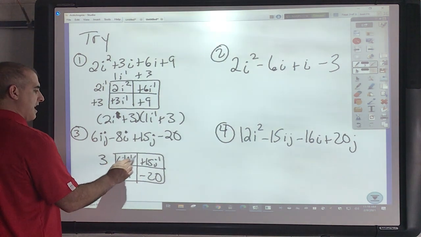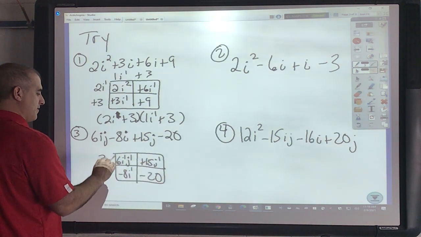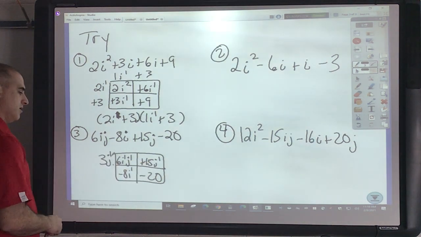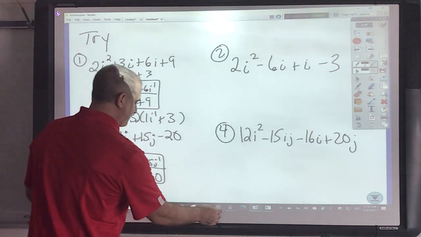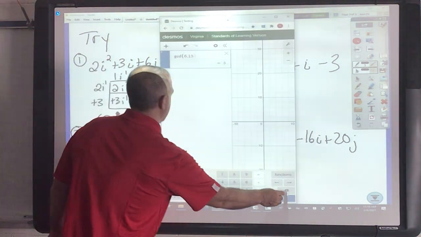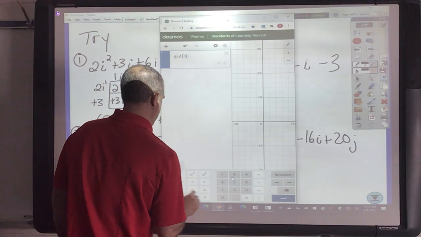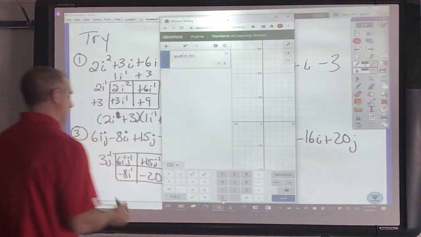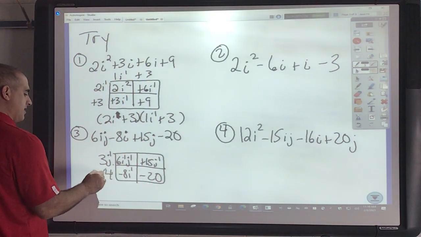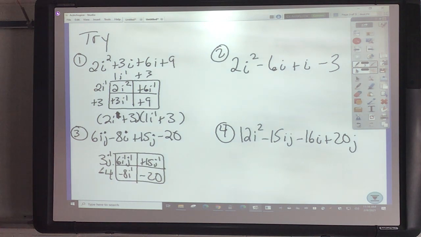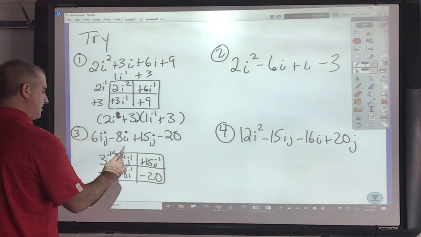Okay, they have a j, they don't have an i, but they do have a j, so that's j to the first. Okay, doing this row, I got 8 and 20. 8 comma 20. It's going to be 4. Since there is a negative there, that's going to be negative 4. Okay? All right? This times this has got to give you that.